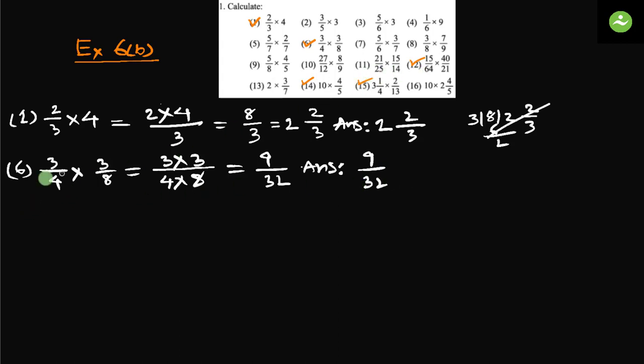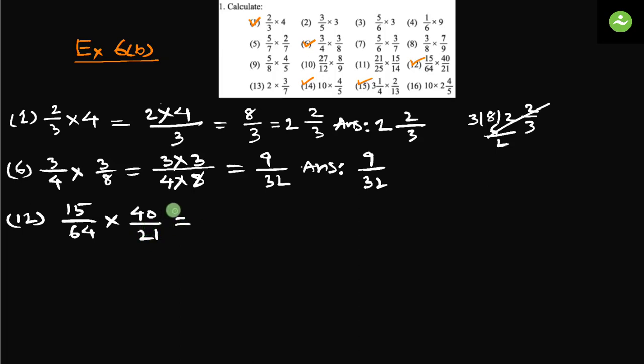Next, number 12. 15 over 64 into 40 over 21 equals to.